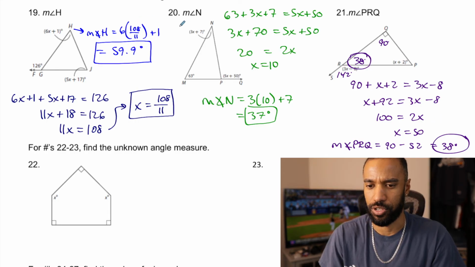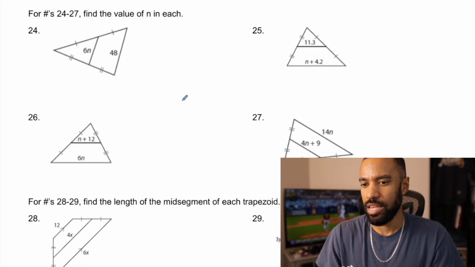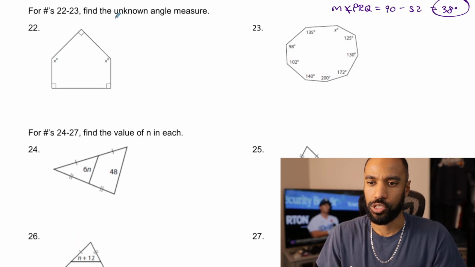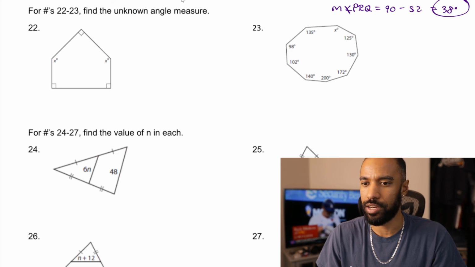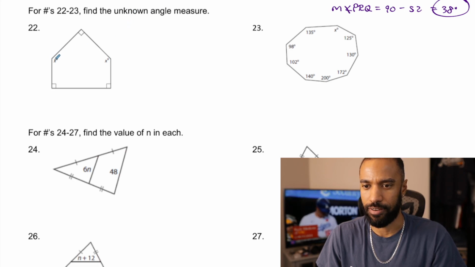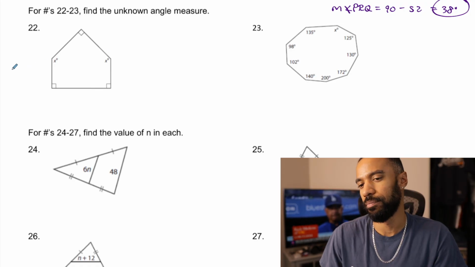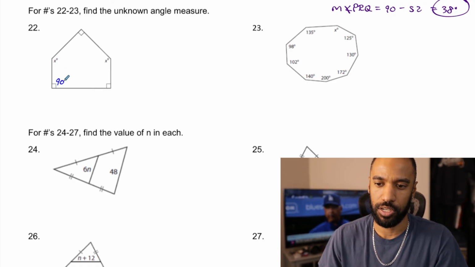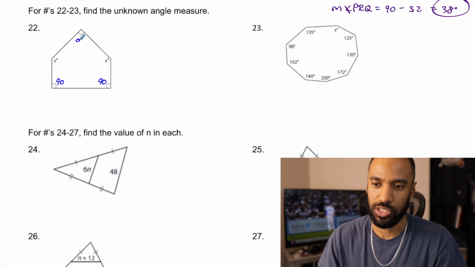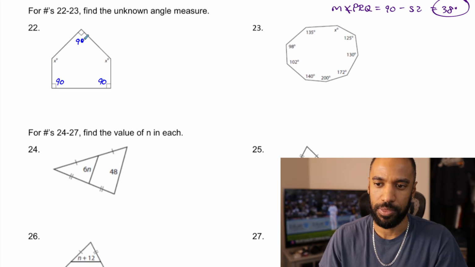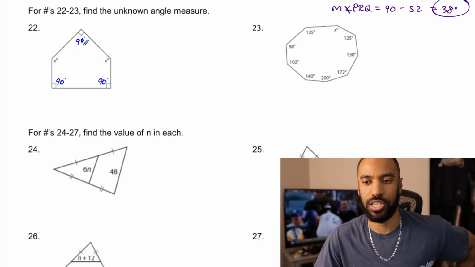Okay, how many problems do we have left here? Almost done. 8 more problems here. All right, 22 to 23, find the unknown angle measure. Let's try and find these x's right here. Now, all of these are 90, and it's probably good to write them all as 90s. This is a 5-sided, 5-angle shape. That is a pentagon. What's true about a pentagon's interior angle sum?